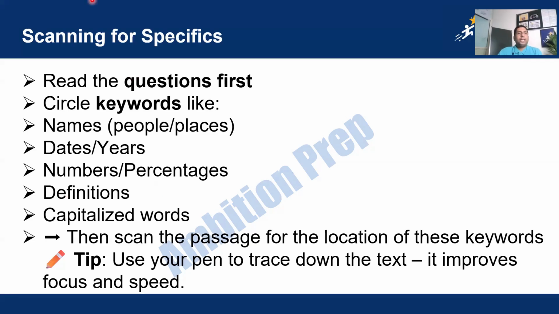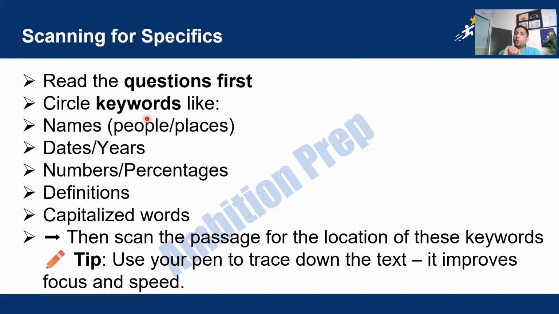Okay, so in case of scanning for a specific means, you are going to pick names of people, names of places, and you are targeting dates, years, numbers, and percentages.